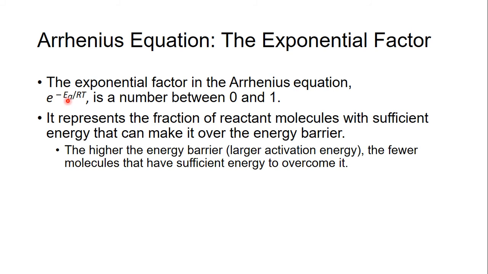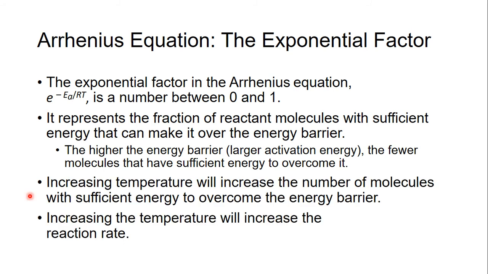The higher the value of this activation energy, the closer this exponent is to 0, so fewer molecules will make it across. And by increasing temperature, what you're doing is you're increasing this frequency factor. By increasing temperature, you're making this exponent go closer to 1, which represents 100% of our molecules making it over that activation barrier.